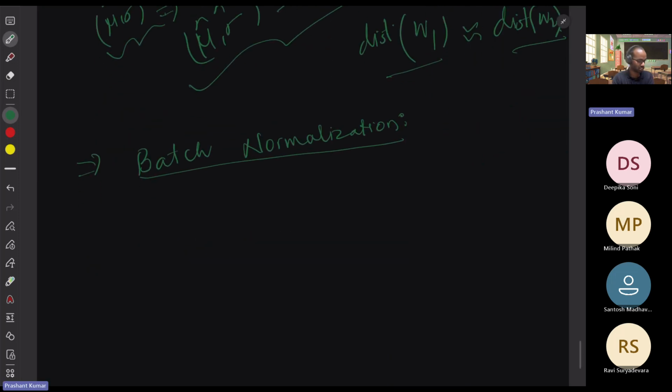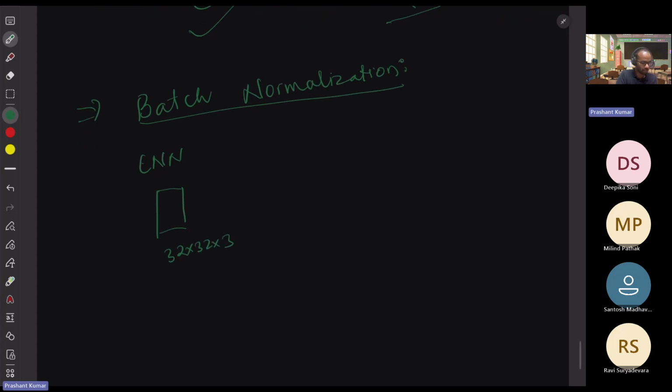Batch normalization means, let's say you are training a simple CNN network in which you are giving input of 32 cross 32 cross 3, and then you are doing all kinds of convolution layers, and then max pool, and then similarly it is getting repeated, right?